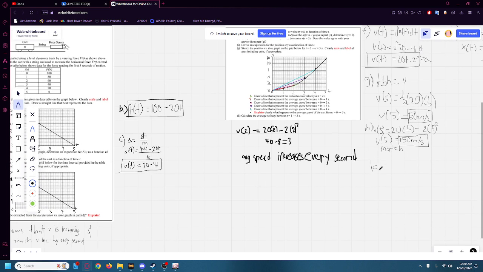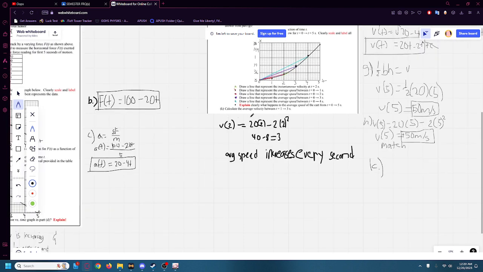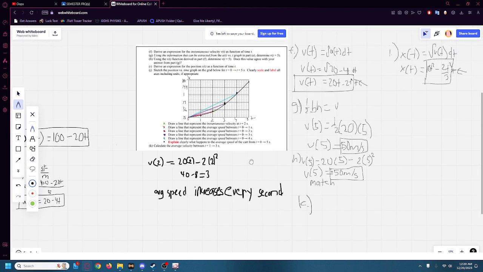And part K asks to calculate the average velocity between 1 and 3.